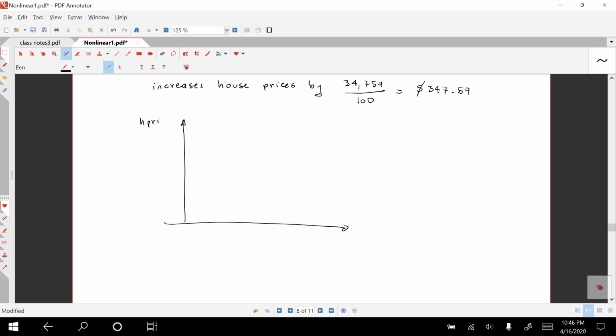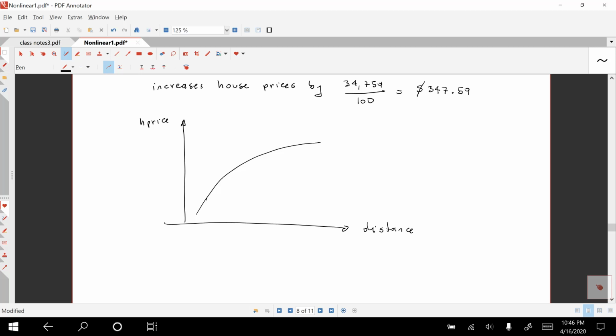The model that we estimated, so house price and distance, based on those graphs that I showed you previously, so that's the model. At the beginning, the effect of distance is very large.